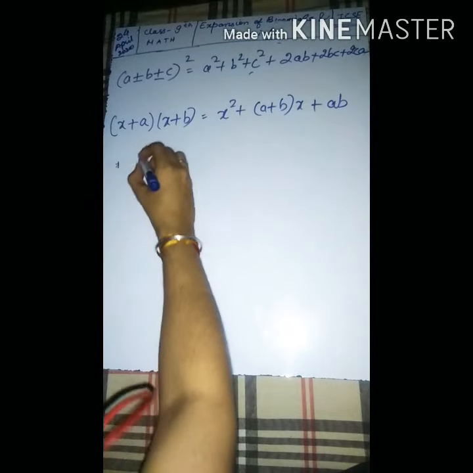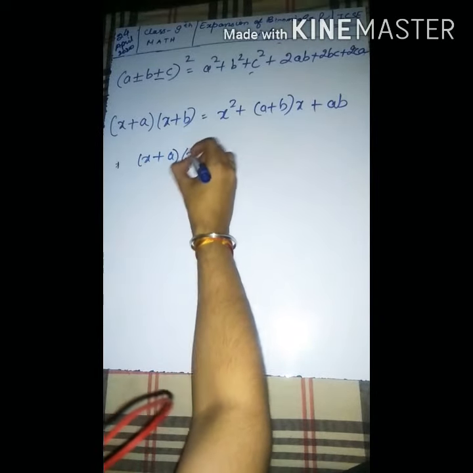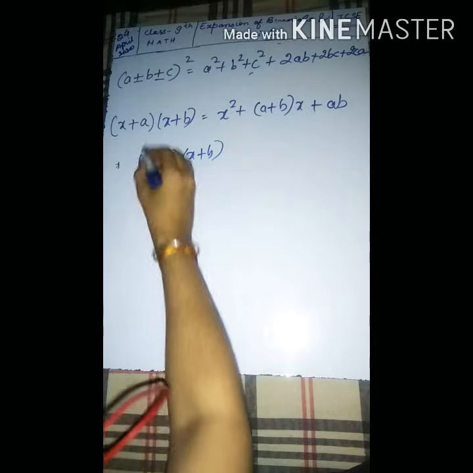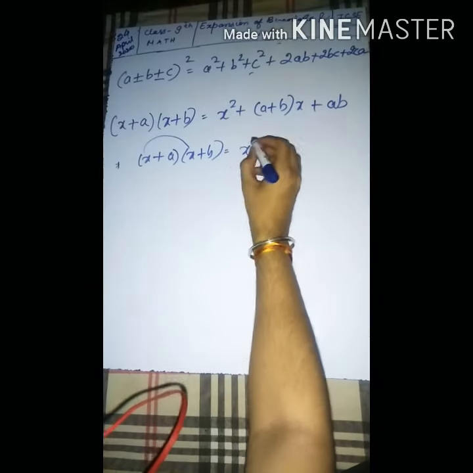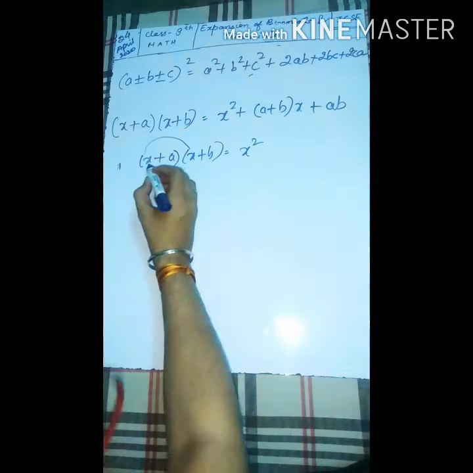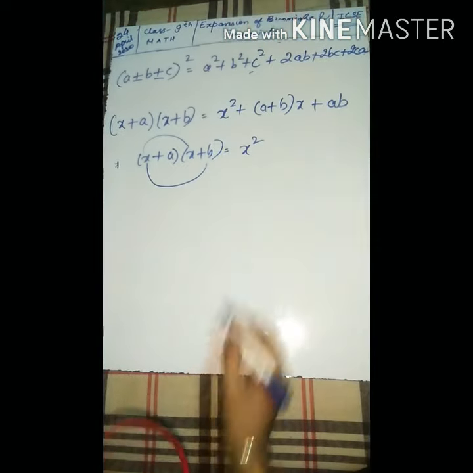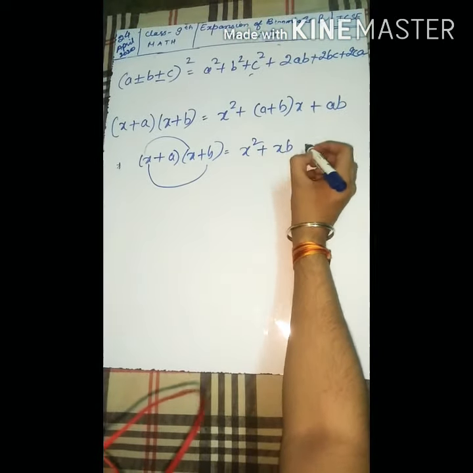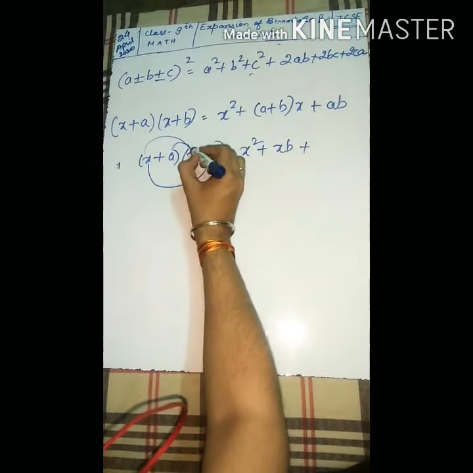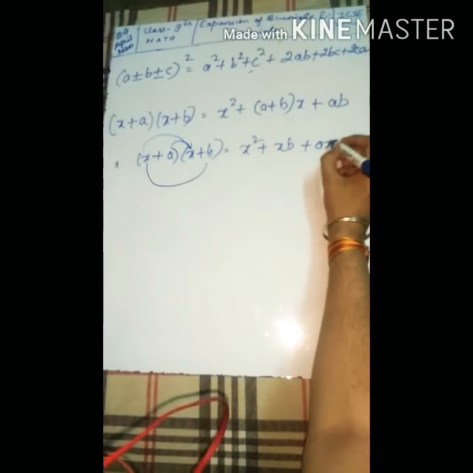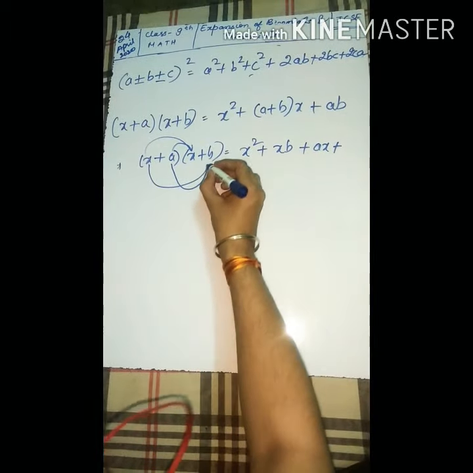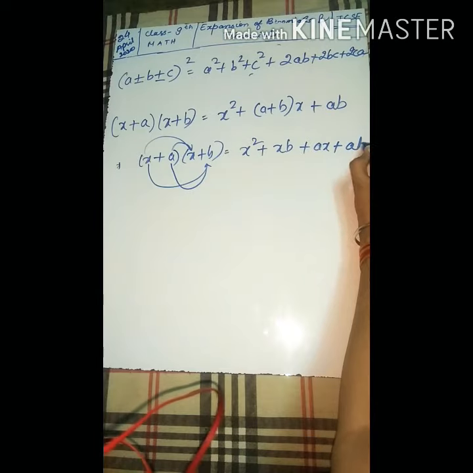That is what I am trying to tell you: x plus a, x plus b. This x will be multiplied by this x, so it will give you x square. Then this x will be multiplied by this b, you will get xb. This a will be multiplied by this x, it will give you ax. And this a will be multiplied by b, it will give you ab.